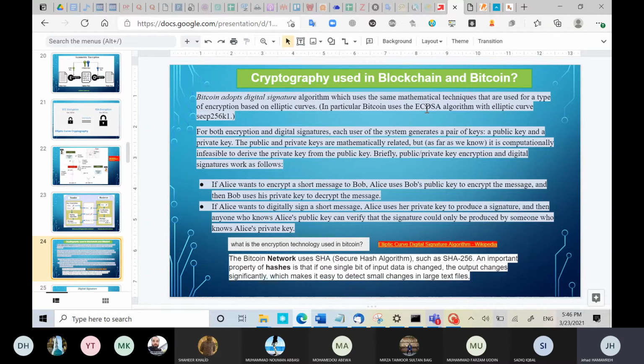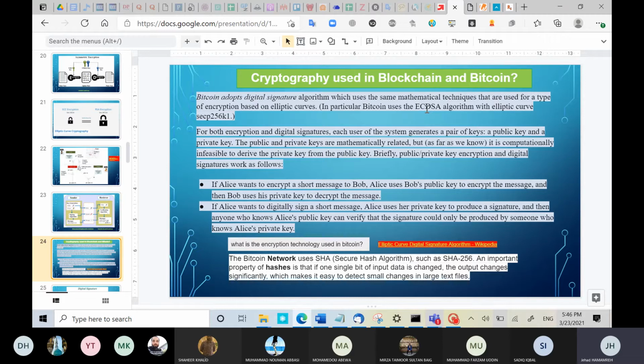Now, this is for between the nodes. What about the blocks in the chain? The blocks in the chain are secured using secure hash algorithm, where the important property of these hashes is this: if one single bit of input data is changed, the output changes significantly, even if you changed a character from small to capital.